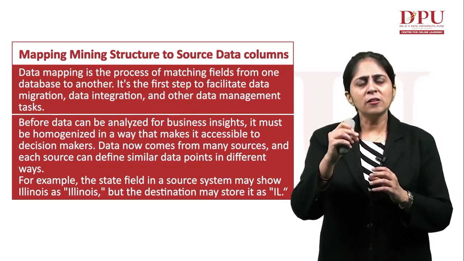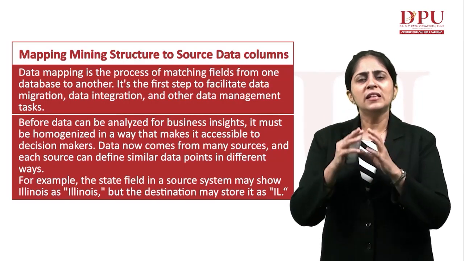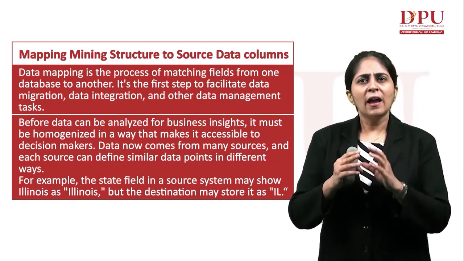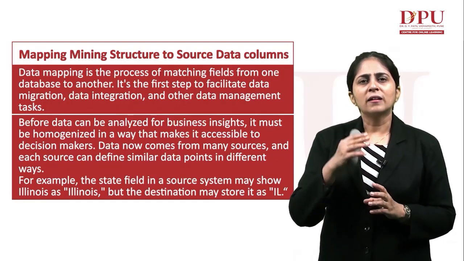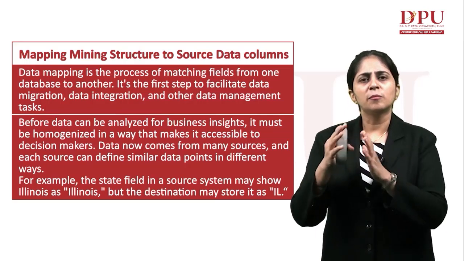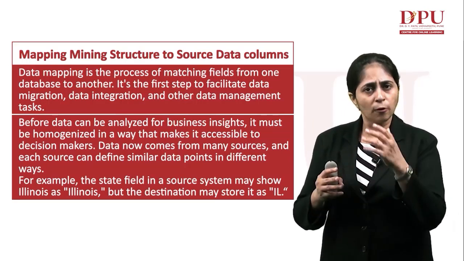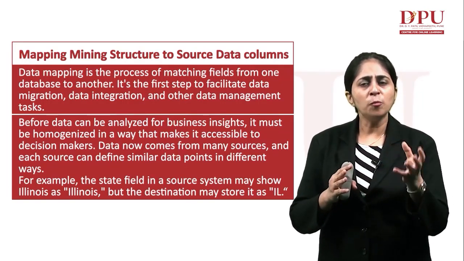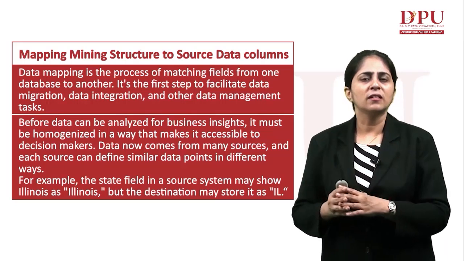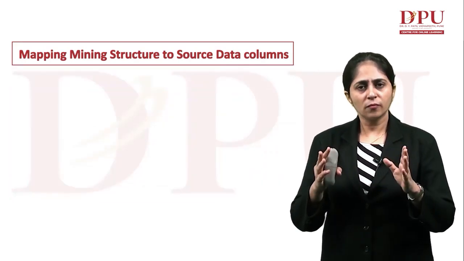Now, if the name of the state is Illinois, at one place in the data source it is stored as Illinois, but at the destination it may be stored as IL, the short form of it. So that is how we have to map. We have to match one field with another field, from one database to another database.